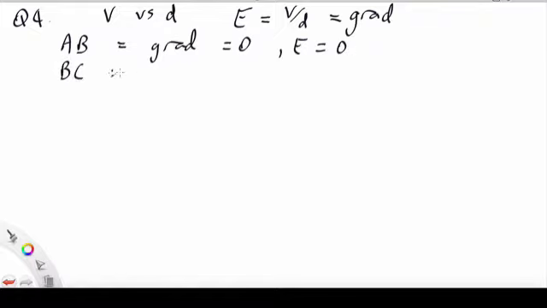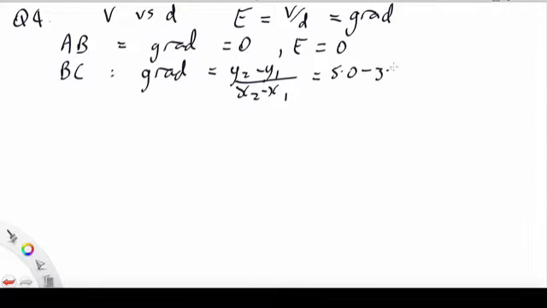Now BC, the gradient, we'll just use our equation y2 minus y1 over x2 minus x1, and they have said that they only want the magnitude of the electric field, which means we don't have to think about the signs. So we just have the change in potential, meaning the rise over the run, which is that distance there.